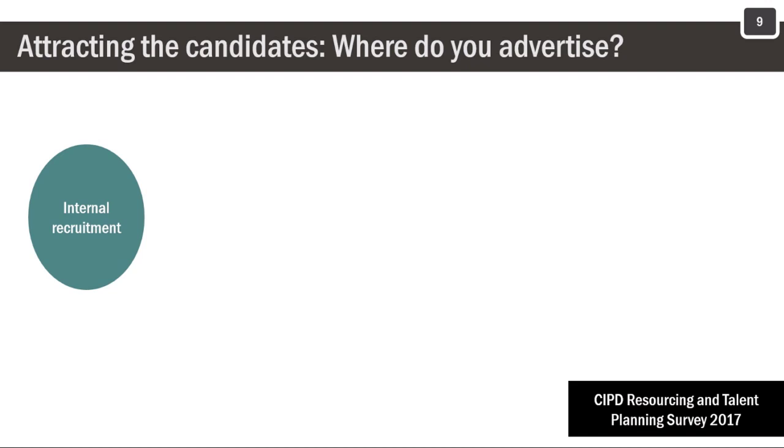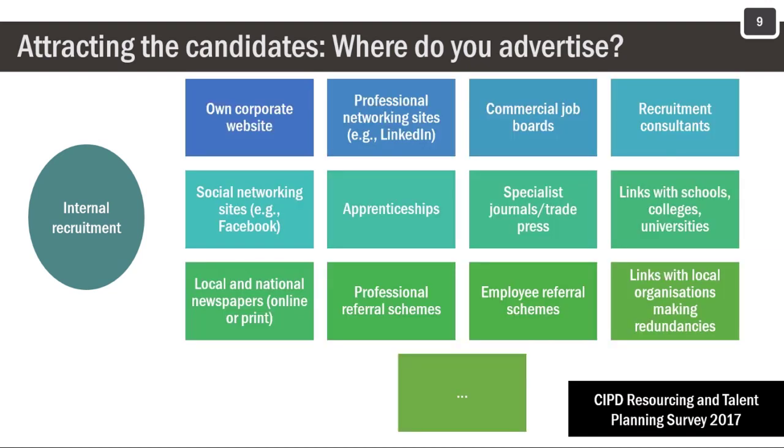There are also numerous options for generating interest from individuals outside the organization. These include providing job postings on your own corporate website, using professional networking sites such as LinkedIn, using commercial job boards, recruitment consultants, social networking sites such as Facebook, apprenticeships, a popular option, specialist journals or trade press. You can develop links with schools, colleges, and universities.